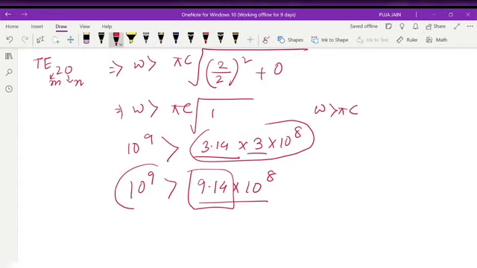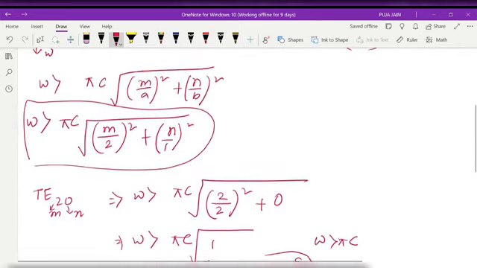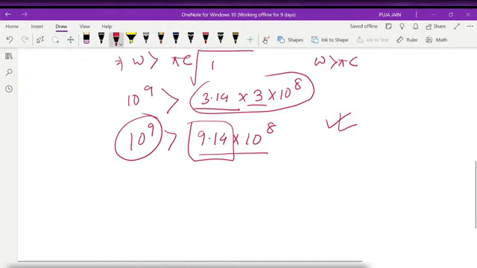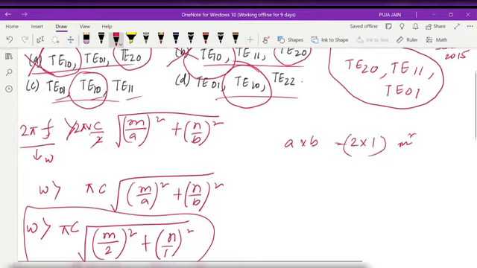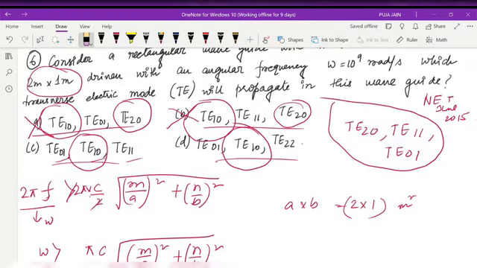So this is possible. Sorry, we made a calculation mistake. 9.14 into 10 to the power 8 is obviously less than 10 to the power 9. So the options which we said were wrong are not wrong. These can be possible options. TE20 can be possible.